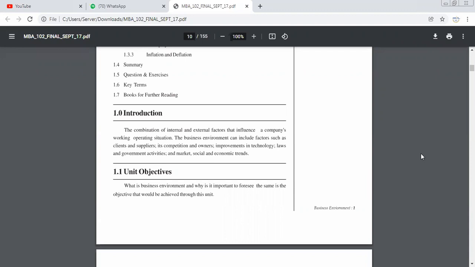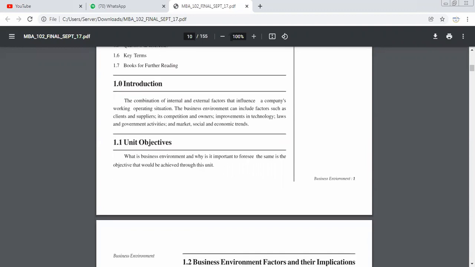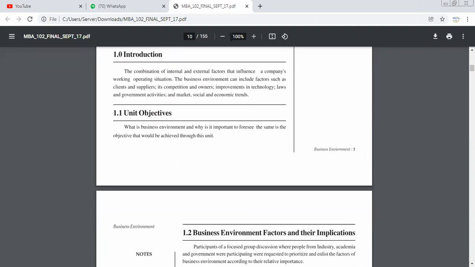I will give you one example. Today we are facing the problem of the COVID situation. That is beyond our control. Because of this, lots of business people are facing problems, just because they are not able to control things which are not in their hands.